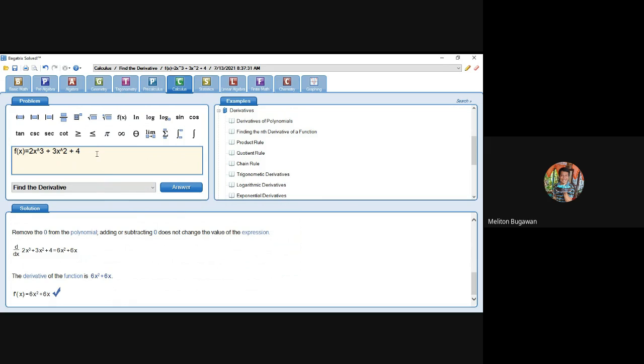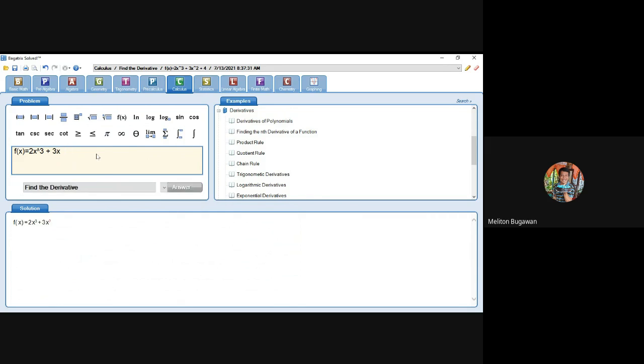Another example, let's use a rational equation. For example, we have 3x plus 2 over x minus 4. Then find the derivative. We all know the rule of differentiation for the quotient. Since this is a rational function, it involves the quotient.